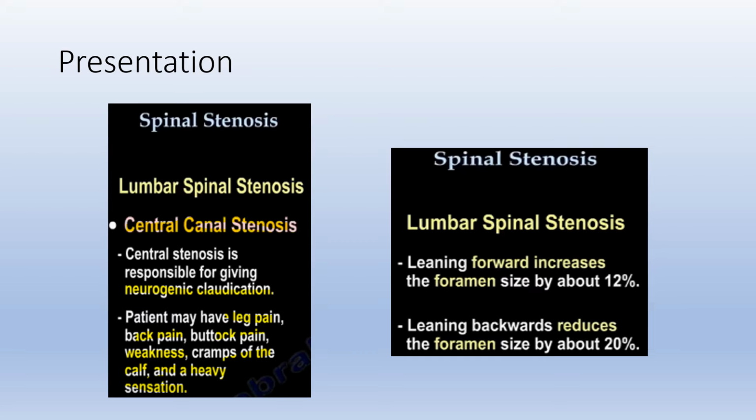Leaning forward increases the foramen size by about 12%, and due to this, leaning forward relieves the symptoms of lumbar canal stenosis, and leaning backward reduces the foramen size by about 20%. So leaning backward or straightening of the spine brings on the symptoms of lumbar canal stenosis.